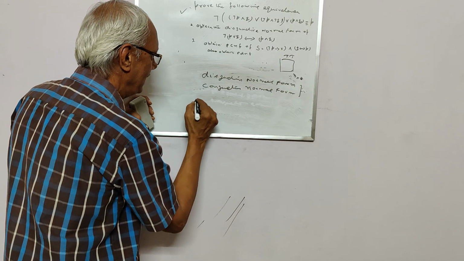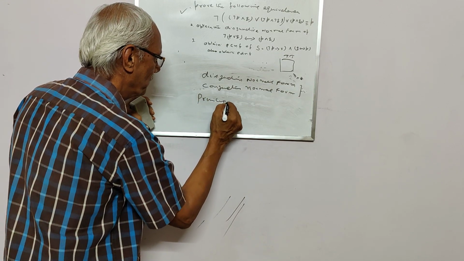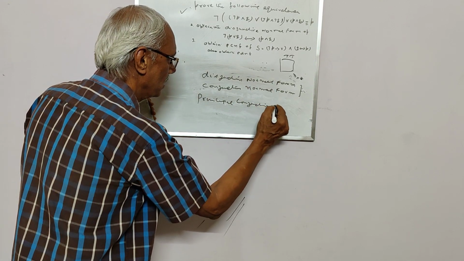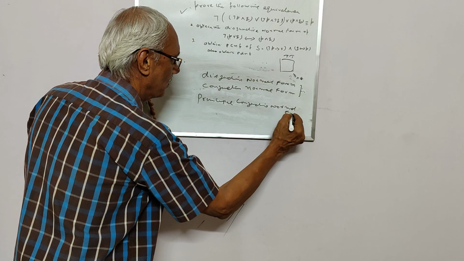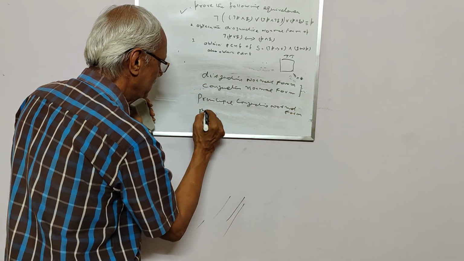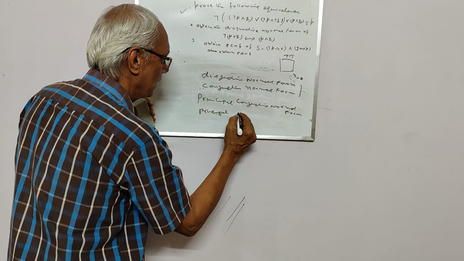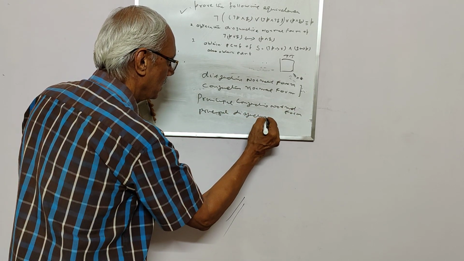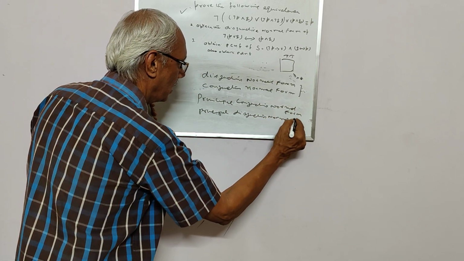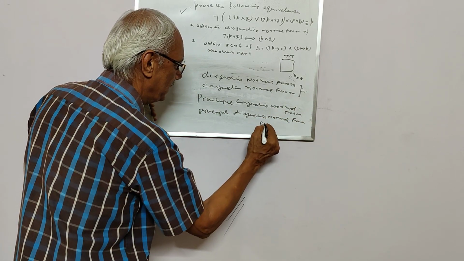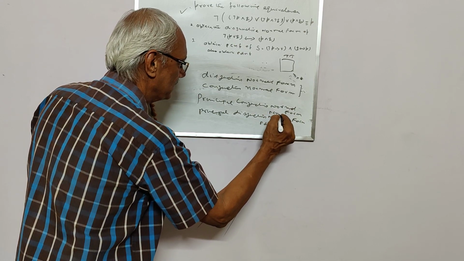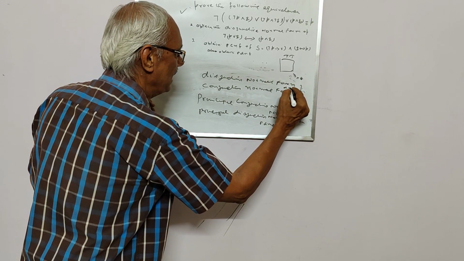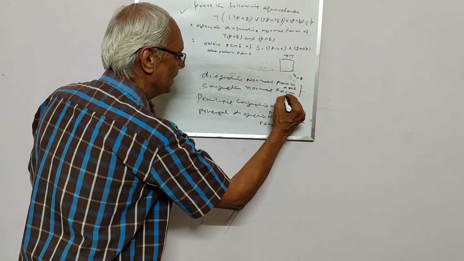This is one set, and another set is principal conjunctive normal form, principal disjunctive normal form. This is PDNF, this is PCNF, this is simply DNF, this is CNF.